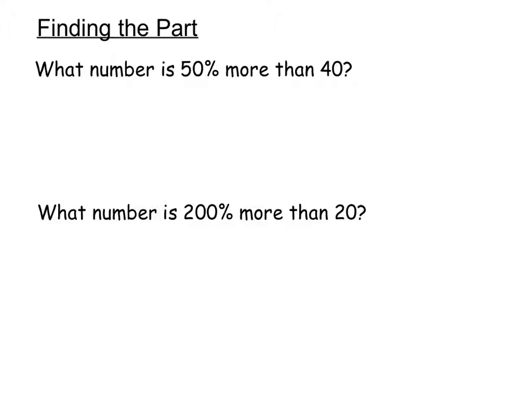So here's our first example as we're finding the part, okay? So at the top of my page, I'm going to write down our percent equation, which is part equals percent times whole. And that's what we're relying on today. My first problem states, what number is 50% more than 40?